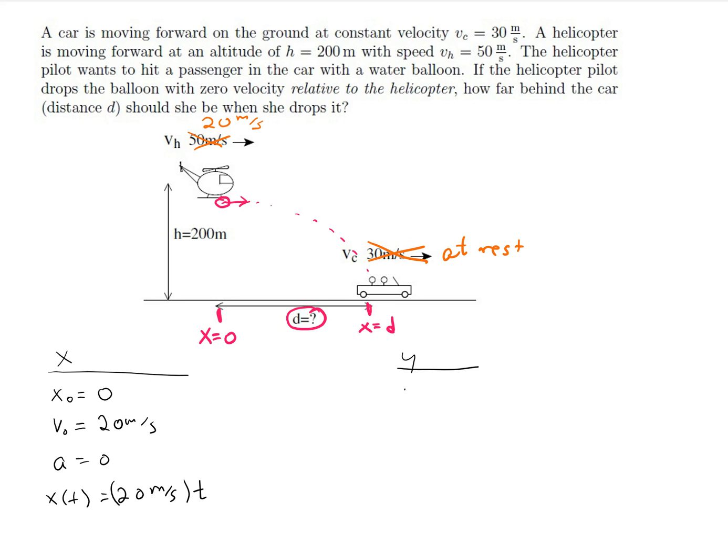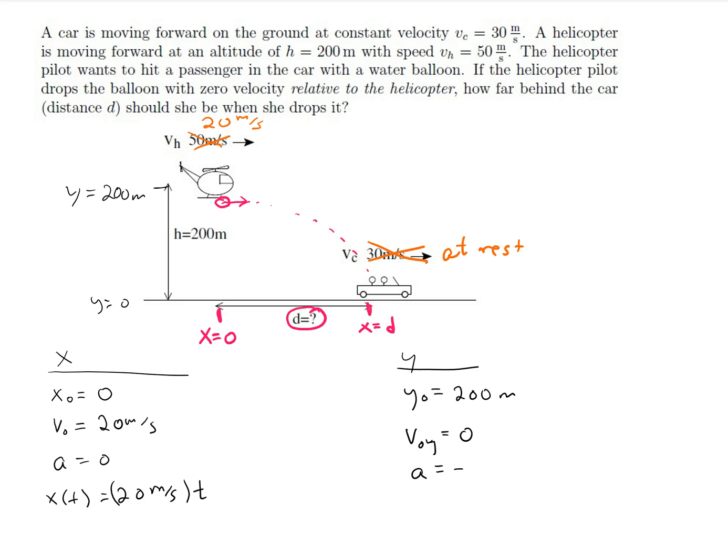In the y direction, let's say the ground is y equals 0, so the starting point is 200 meters. So y naught is 200 meters. v naught y is 0. The water balloon doesn't start with any initial vertical motion in the up or down direction.